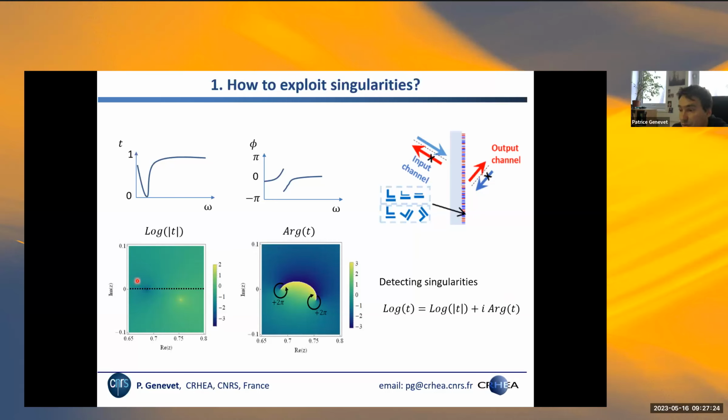And what is interesting is that when you do that, you start observing the quantities that I've been discussing before, which is the presence in this log of divergent quantities, these zeros and this pole, that are essentially infinite singularities of the log, and zeros that are the zeros of the transmission, you see.